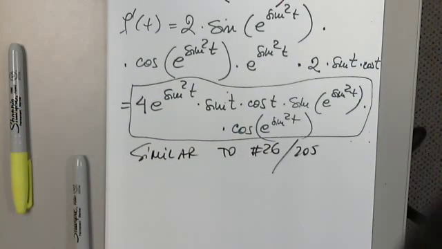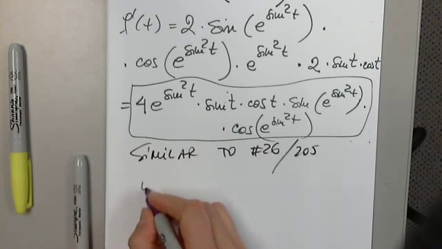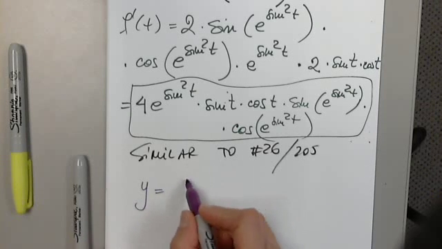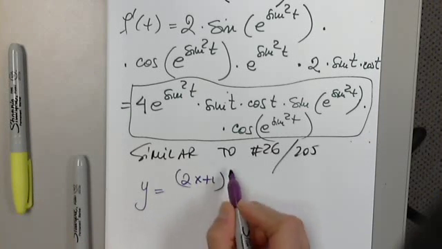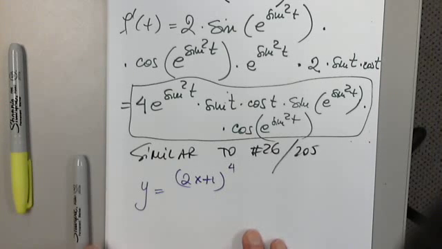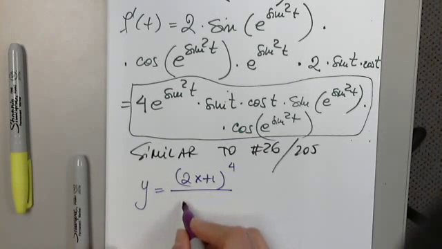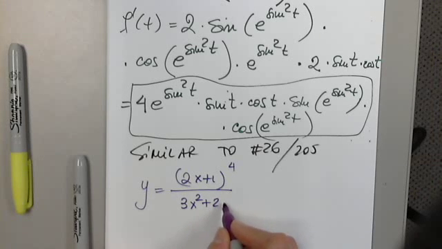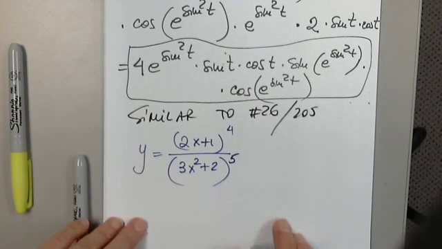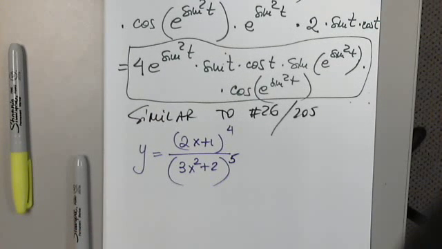Okay, so here's what I would like to look at. Let's say 2x plus 1, everything to the 4th power. And the denominator is 3x squared plus 2, everything to the 5th power. It's a mess, and we want to find y prime.